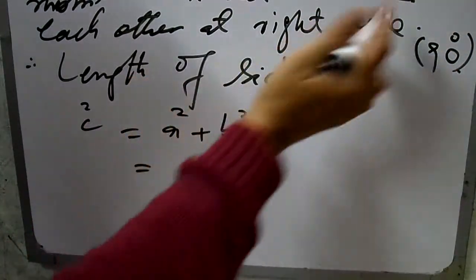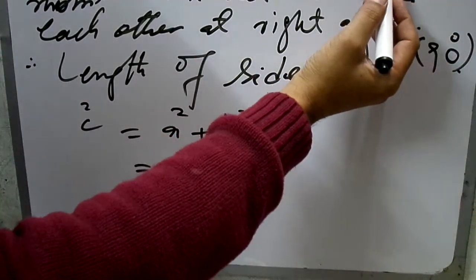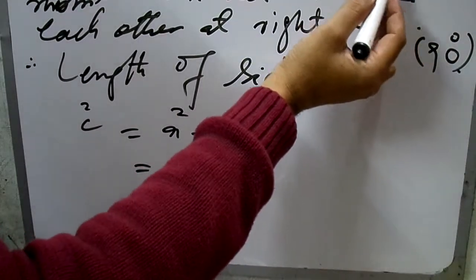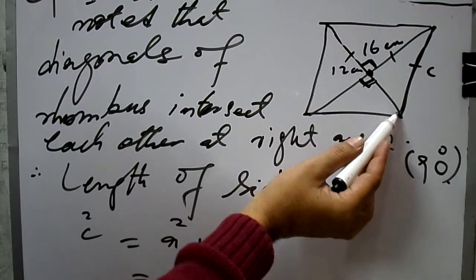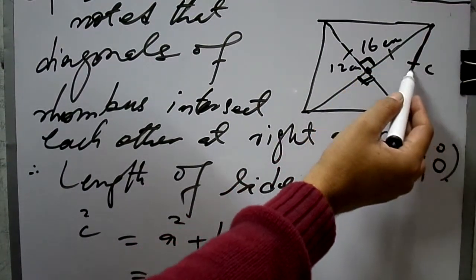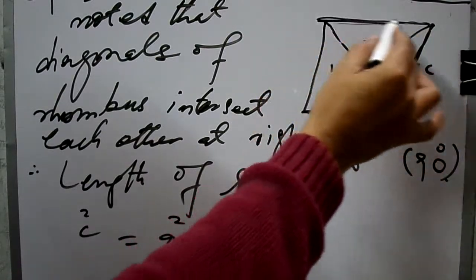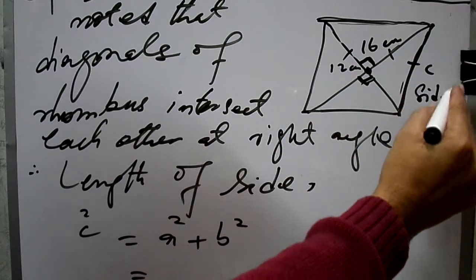Actually, what does it mean? When you have the 90 degree angle, it shows that this is your base, this is your perpendicular or altitude, and this is your c, the hypotenuse, which in the rhombus case is known as the sides.